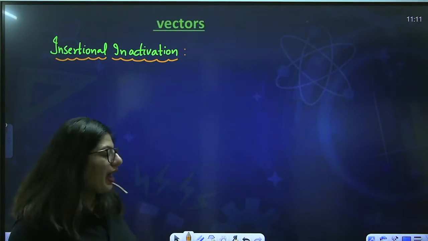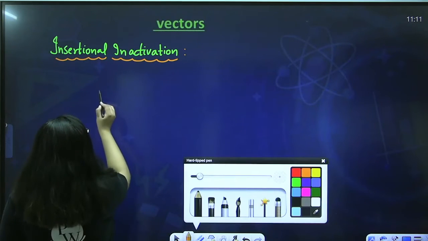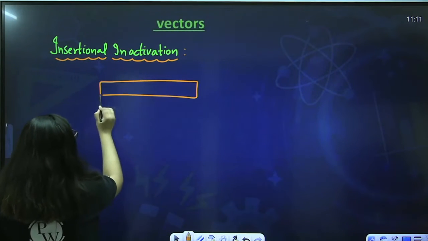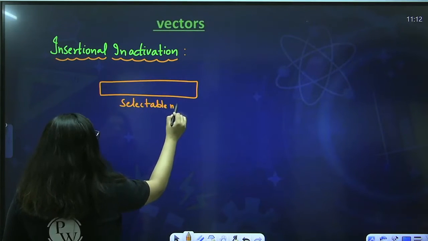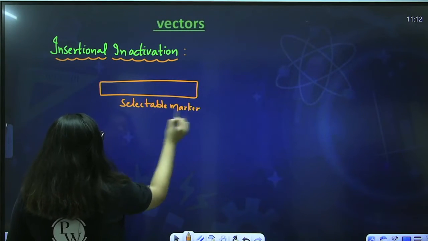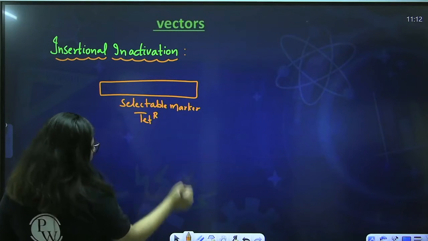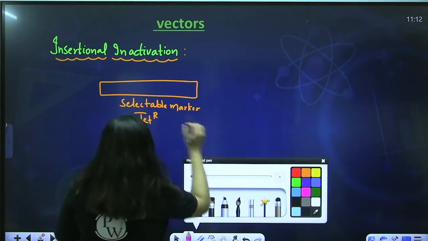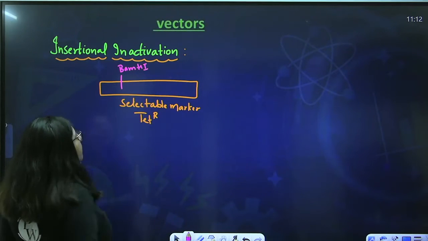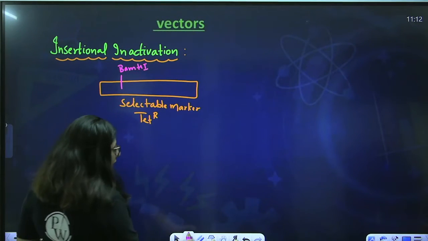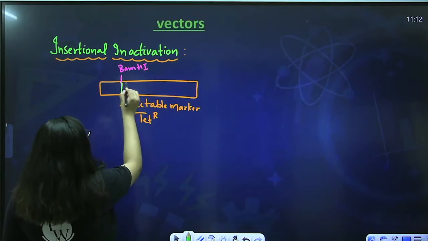So when we add our foreign DNA in a selectable marker, imagine this is a selectable marker, the tetracycline resistant gene, and we used BamHI. By using BamHI, we have added our foreign DNA here.